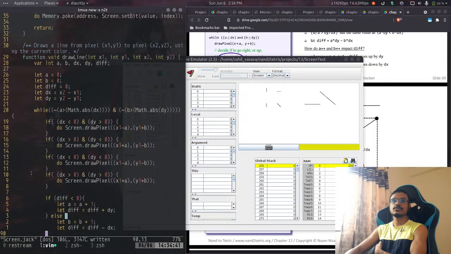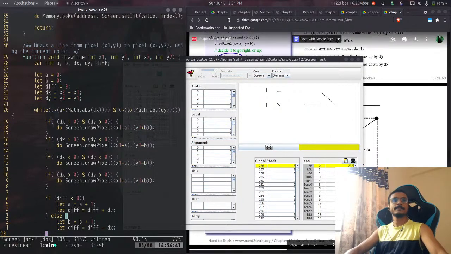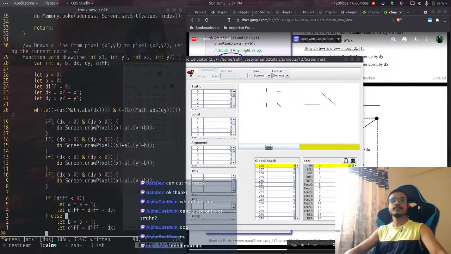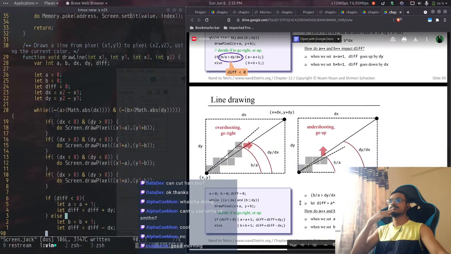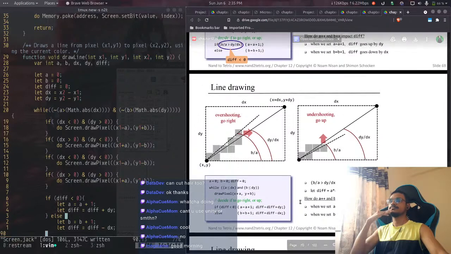So this doesn't seem right. This is a flawed algorithm, I think.